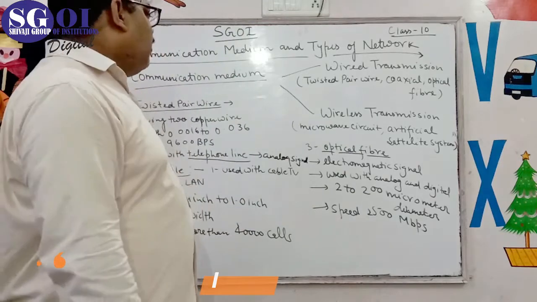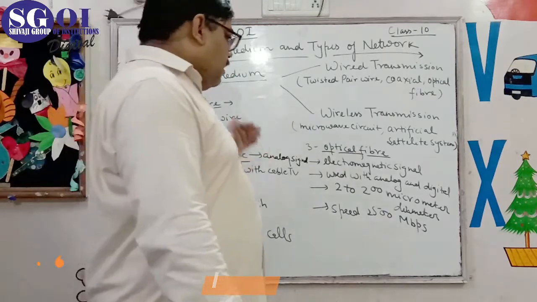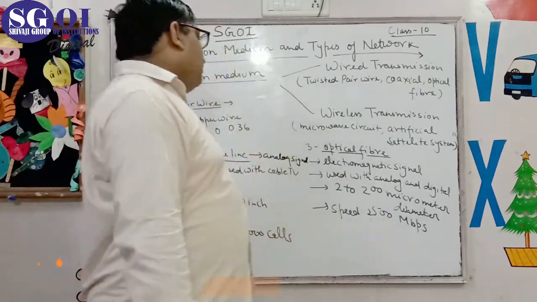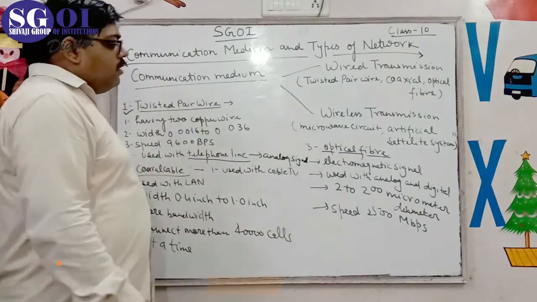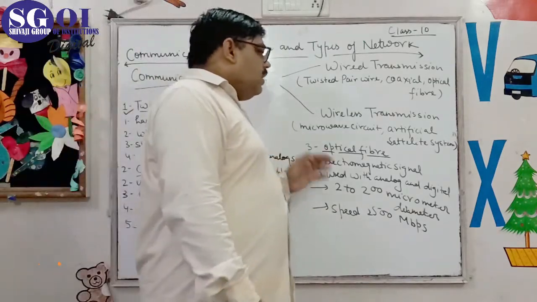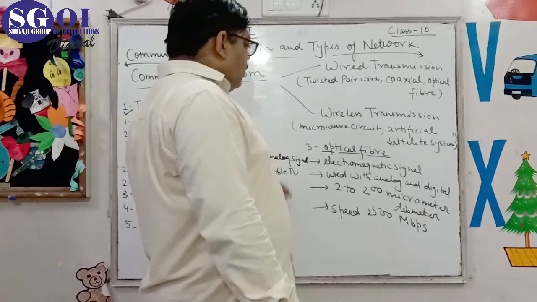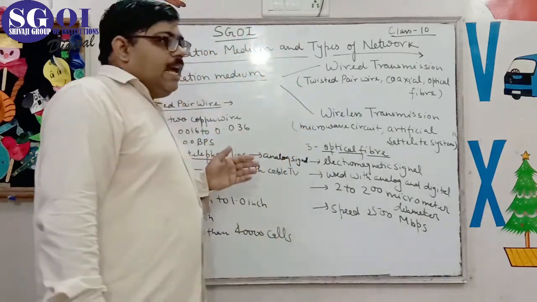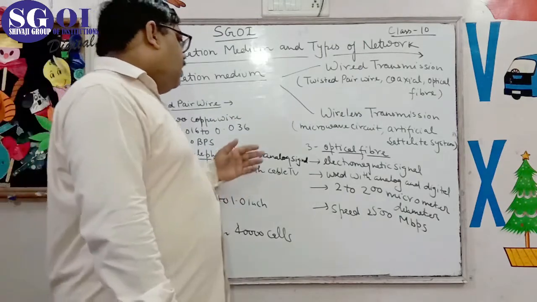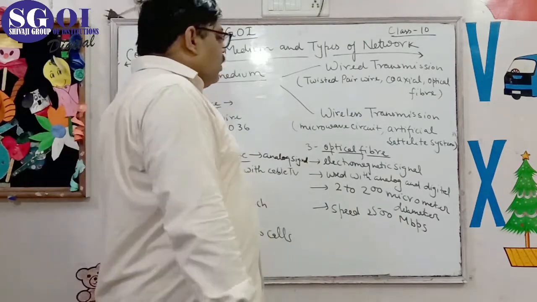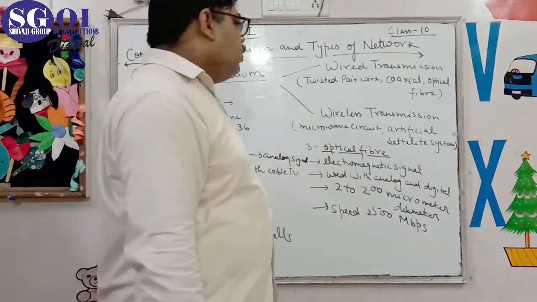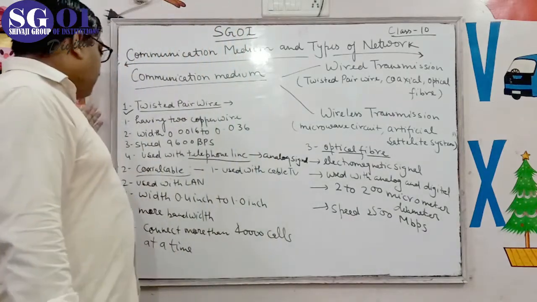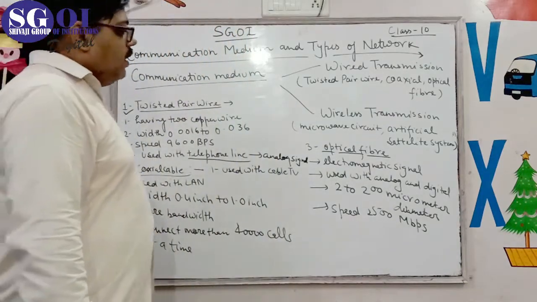There are also some phenomena that occur in this type of signal. It can work with both analog and digital signals, and optical fiber is used with LAN because it has more speed, so it is more useful than twisted pair wire and coaxial cable.